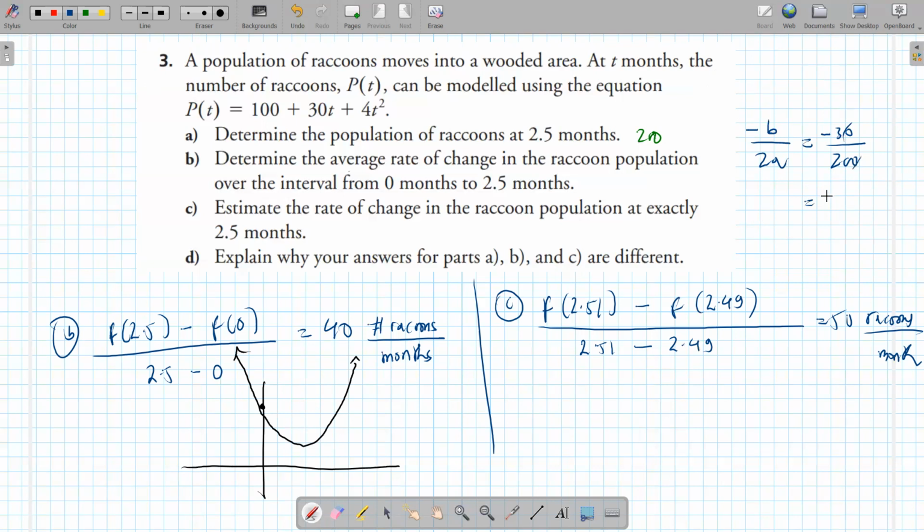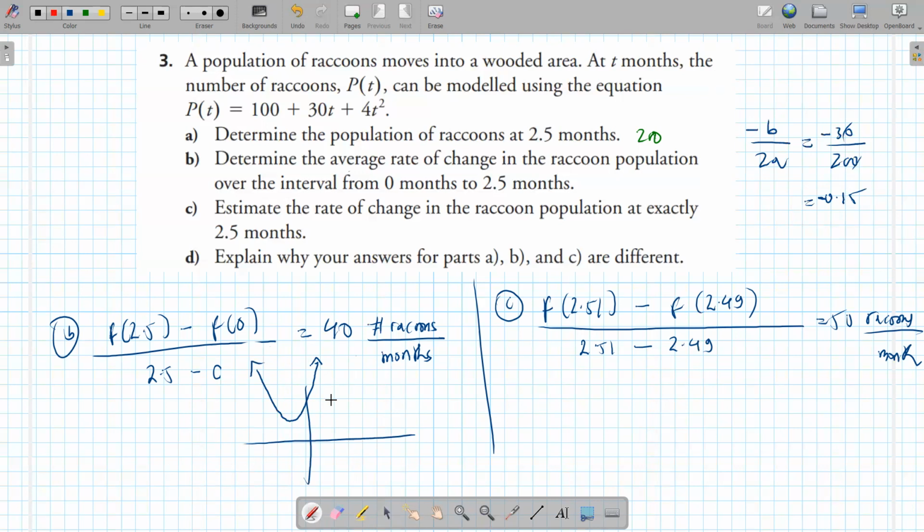What's 3 over 20? 0.15, I think. Negative 3 divided by 20. Yeah, so that's a negative number. So our vertex will be somewhere over here. And the y-intercept is 100. So that's the sketch, okay?